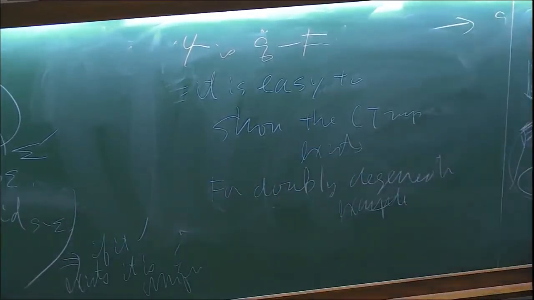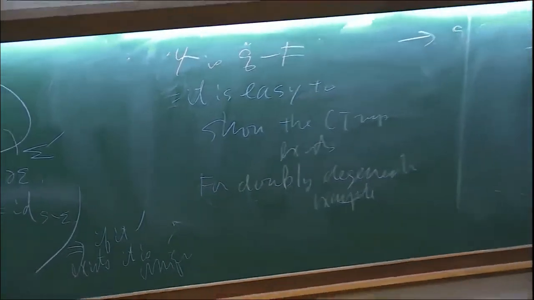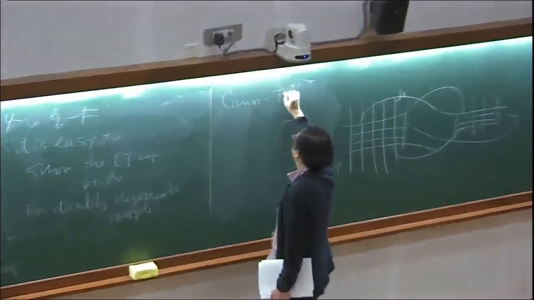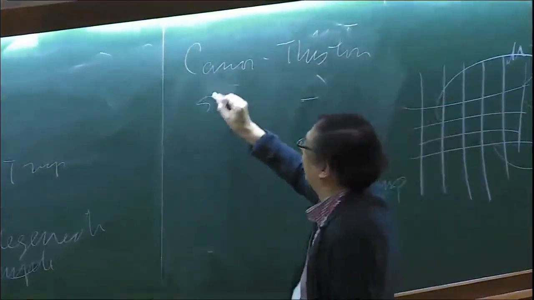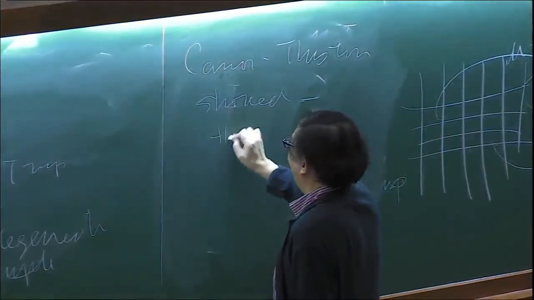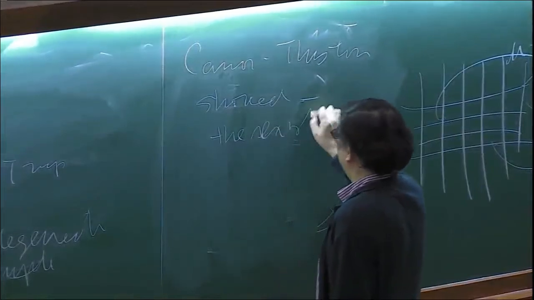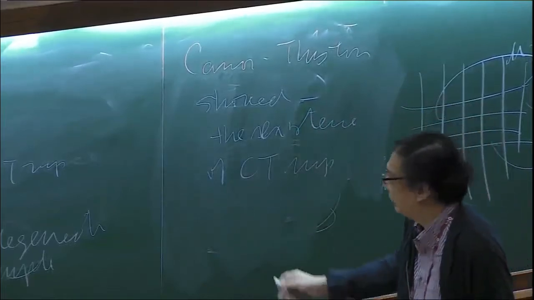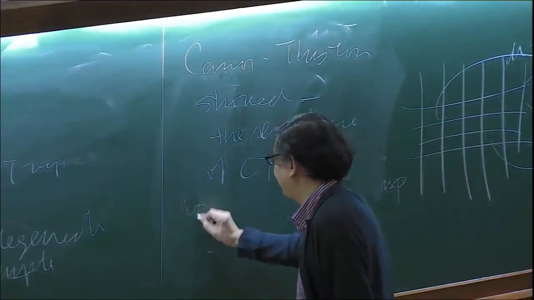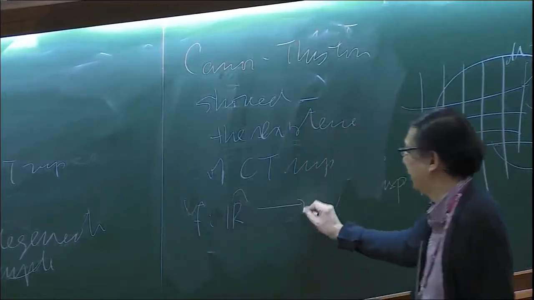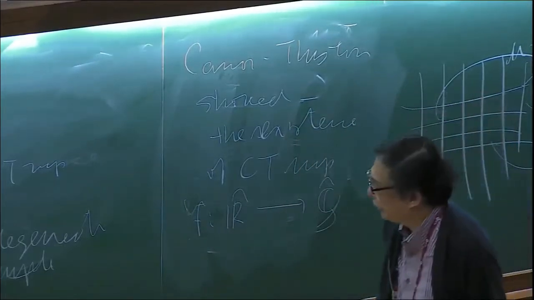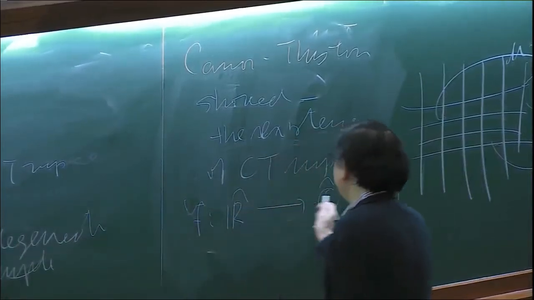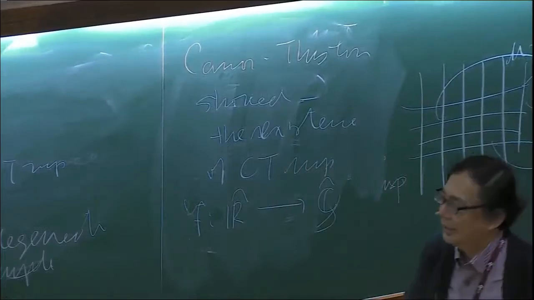Cannon and Thurston showed the existence of the Cannon-Thurston map. So they showed that there exists a continuous equivariant map from the one-point compactification onto the Riemann sphere.